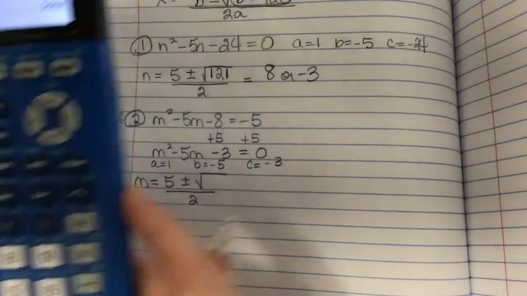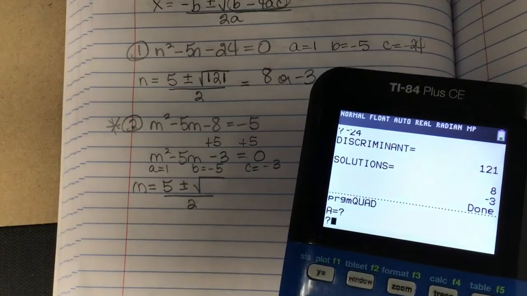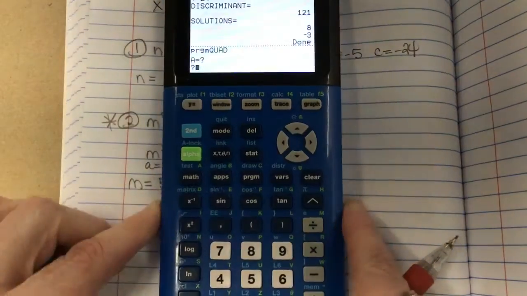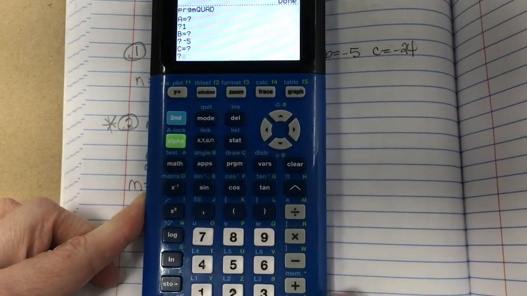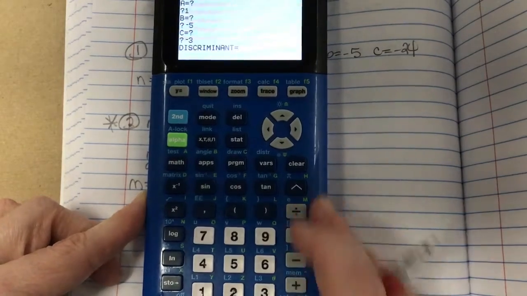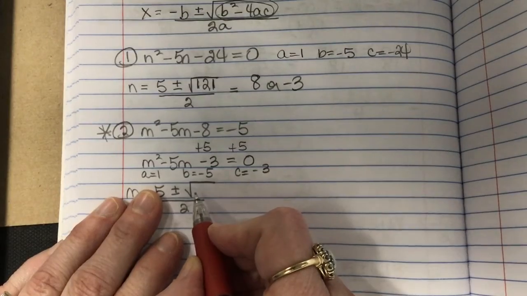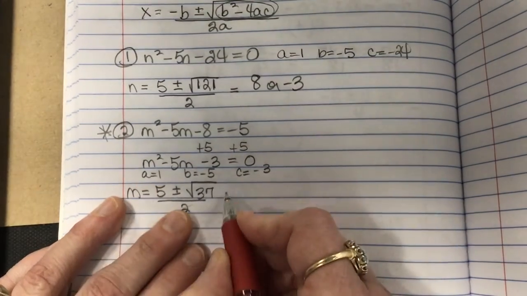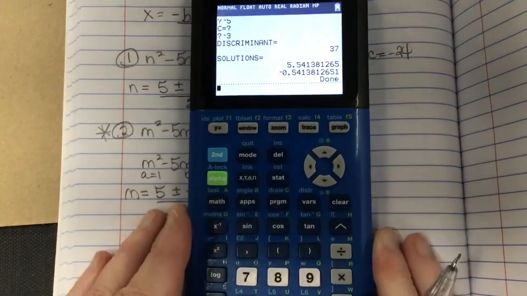So all I've got to do is hit enter. And I've got 1, -5, -3. Is it -3? Yeah. What's the discriminant? 37. And then it gives me the 2 approximate answers underneath it.